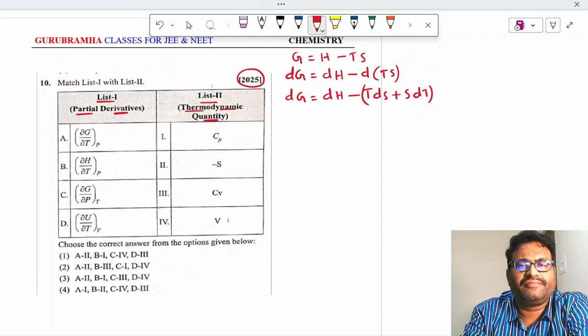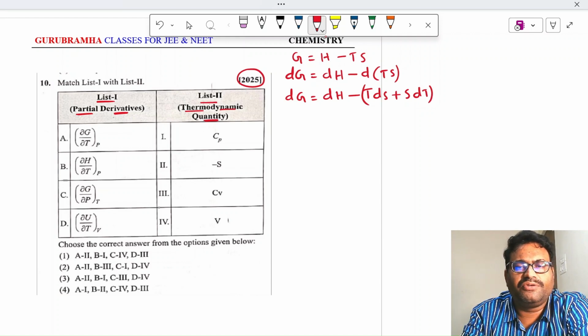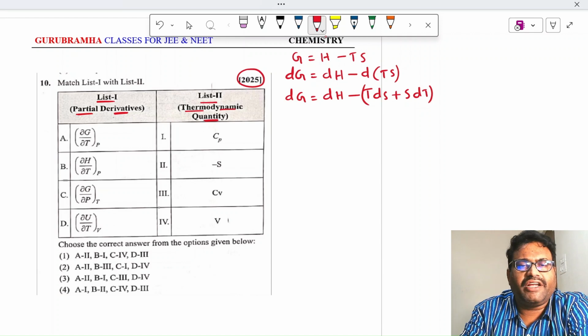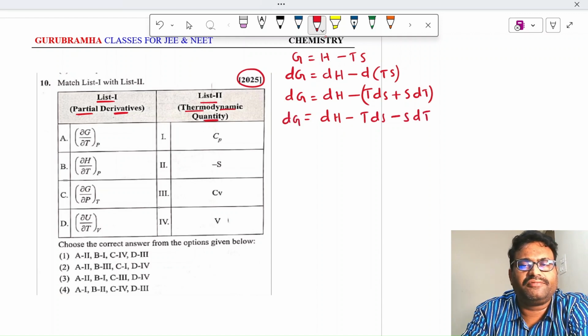You can write d into TS gives you T into dS plus S into dT. Temperature into change in entropy plus entropy into change in temperature. So what can I write? That is equal to dH minus TdS minus S into dT. dG is equal.